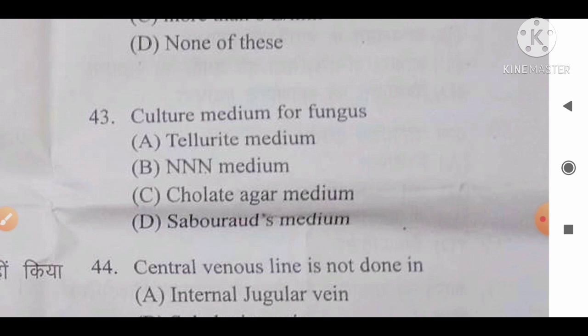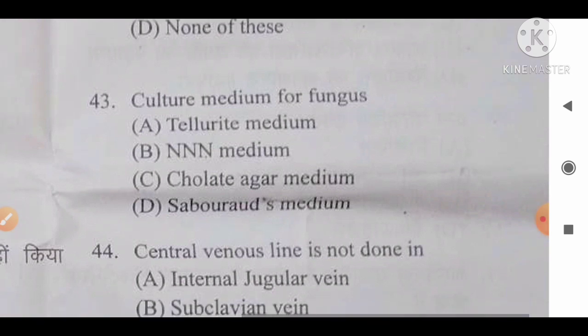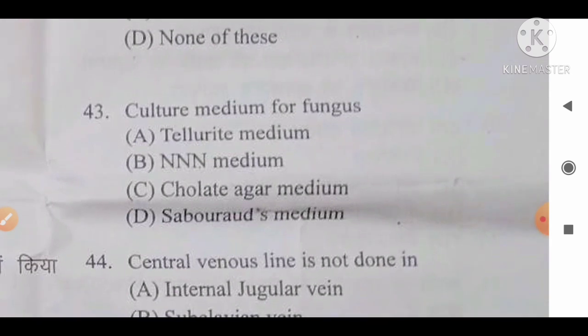for the cultivation of Corynebacterium species, whereas NNN medium, that is Novy-MacNeal-Nicolle medium, is a culture medium used for Leishmania and Trypanosoma species, whereas chocolate agar is an enriched medium used for the culture of some fastidious pathogens, and Sabouraud's medium is the culture medium used for fungi, especially dermatophytes.